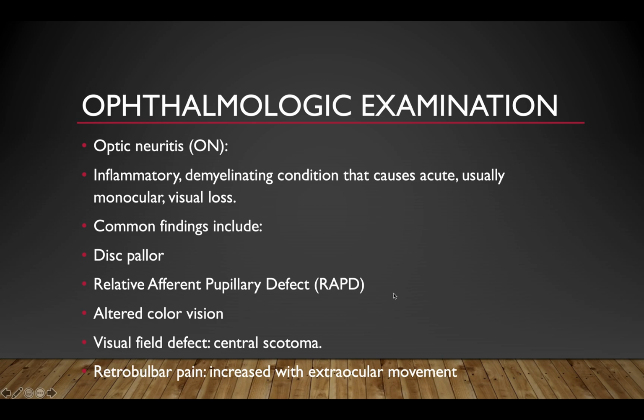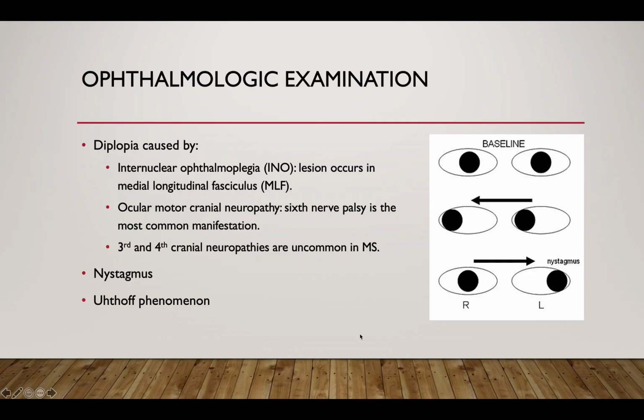We discussed this in the previous lecture in the cranial neuropathies, and also altered color vision, visual field defects like central scotoma, where the central field is blinded, and also retro-orbital pain, which is increased with extraocular movements.